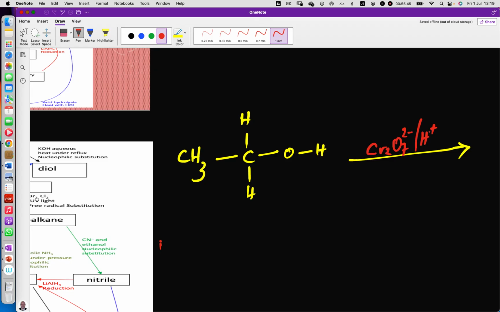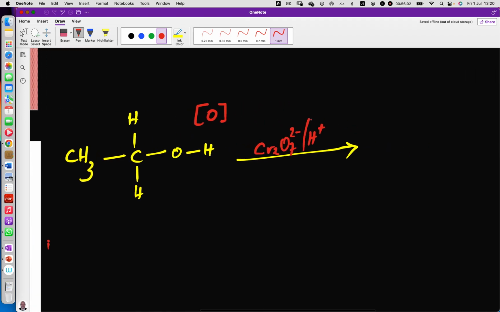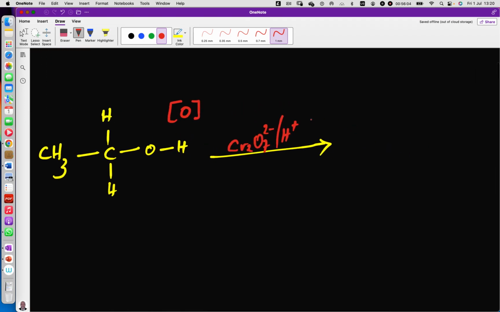This is acidified potassium dichromate. We need oxidation, and this is the symbol for oxidation. Now, what will be the product? This will be our product. Our product will be this one.